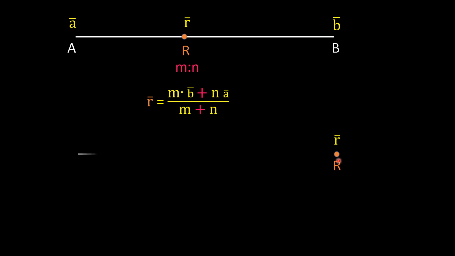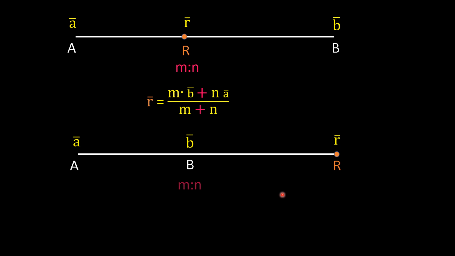If point R divides segment AB externally in the ratio m/n, then we have section formula for external division as R bar equals m B bar minus n A bar upon m minus n. Please note the minus sign in both numerator and denominator for external division.